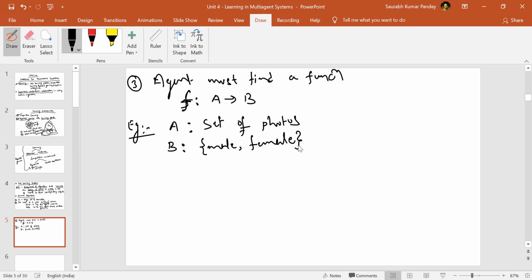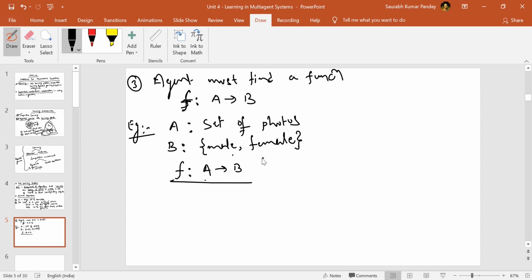Now what is the function when I say A to B? It is the mapping of photos in such a way that those photos are of males or females. Fine. So this is what we can say for this particular example.